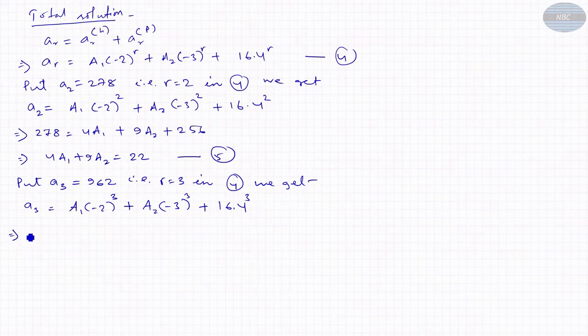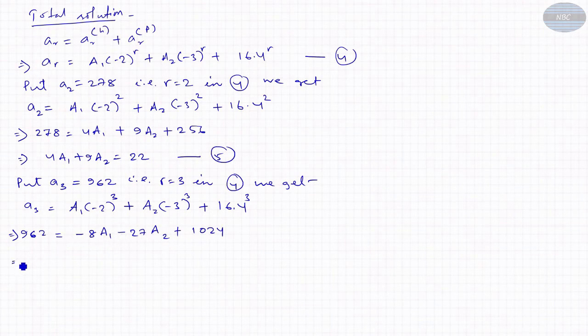This implies A3, which is nothing but 962, is equal to minus 2 to the power 3 is minus 8, so this one is minus 8 A1, this one is minus 27 A2 plus this is equal to 1024.